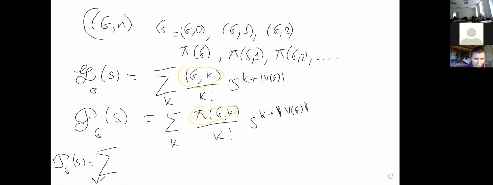Here it's the sum like in the projection formula, but instead of the graphs we have generating functions, but these are generating functions for graphs. It's not obvious that this letter is G. This is G, and here it's the same G.